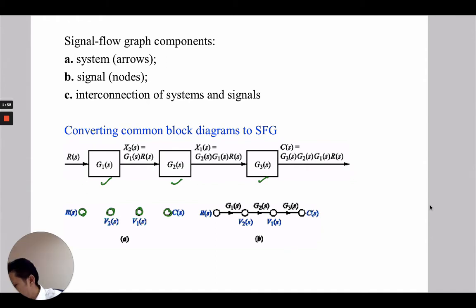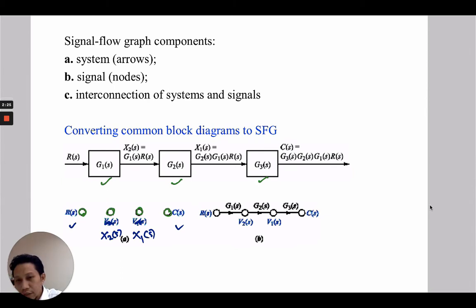And then we can label each node. We have here R(s), and let's say this is X2, not V2, just say it's X2(s). And then let's say it's X1(s), and then we have C(s) over here. And then we can put the systems that are connected between each node.